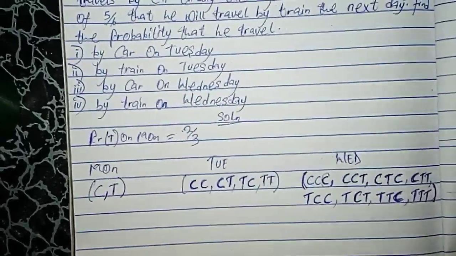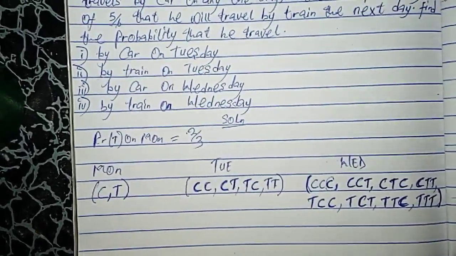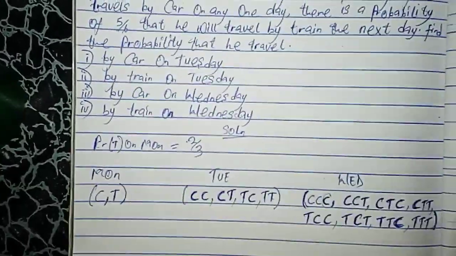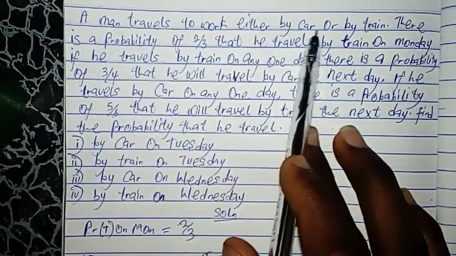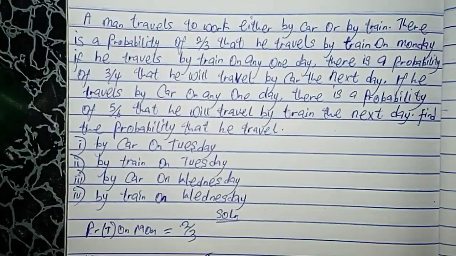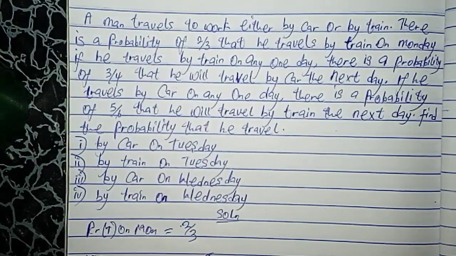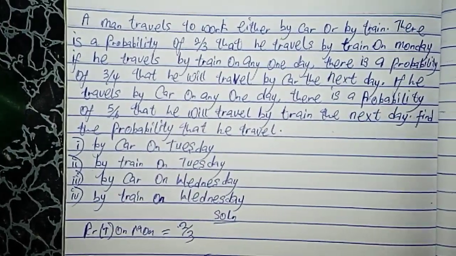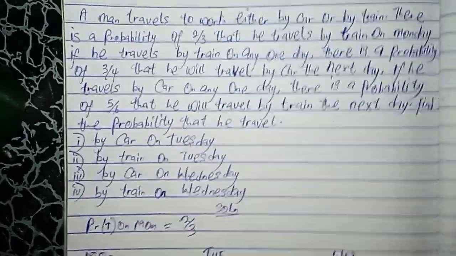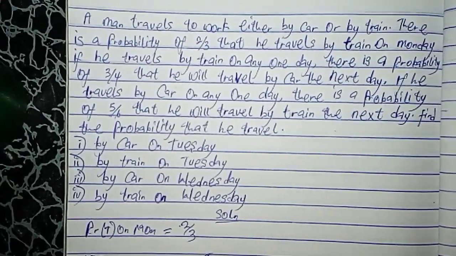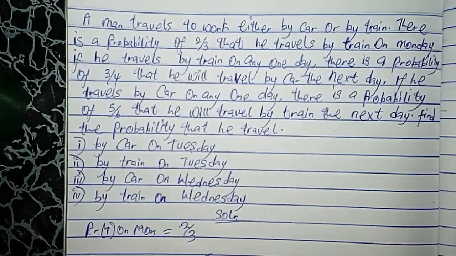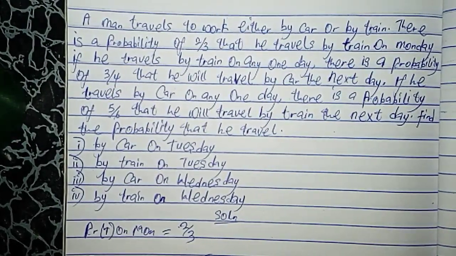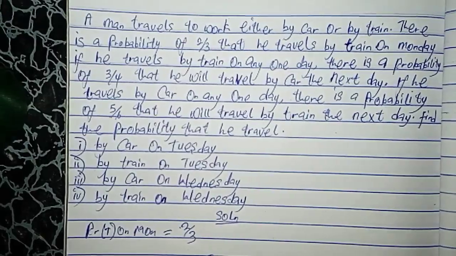Now, from the first one, traveling by car on Monday, from the question, he either travels by car or by train. So the probability that he travels by car or by train must be 1. That means he must travel by car or by train. If he travels by car, the probability that he will travel by train would be 1 minus the probability he travels by car. I don't know if you get that.